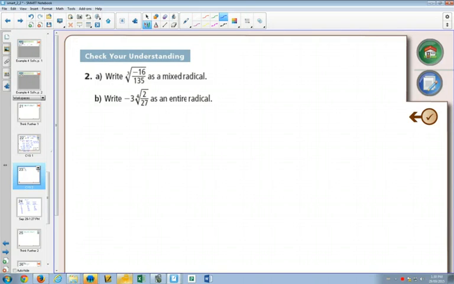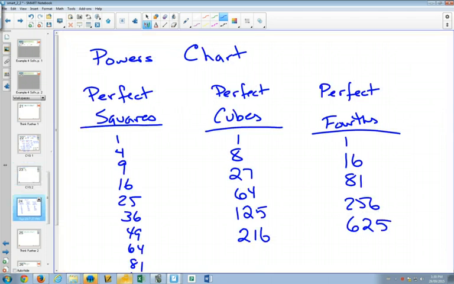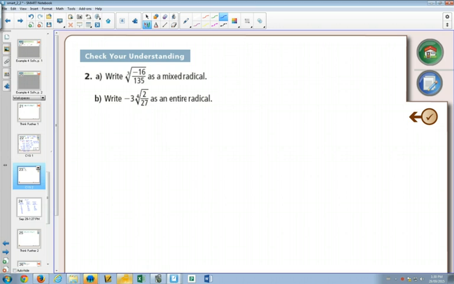So for part A, if we want to write something as a mixed radical and it's a cube root, what they're wanting to find out is, can you pull out any perfect cubes out of here?